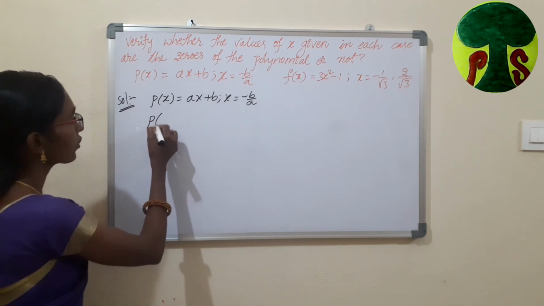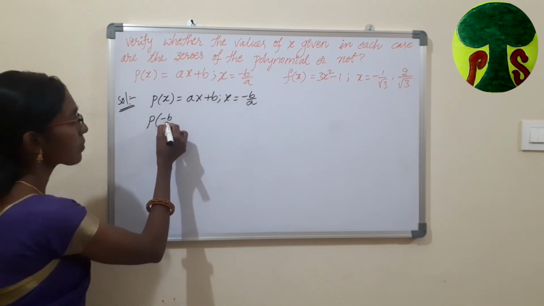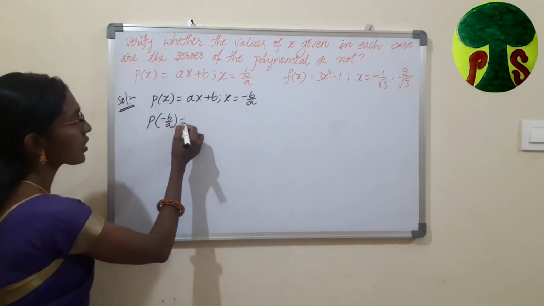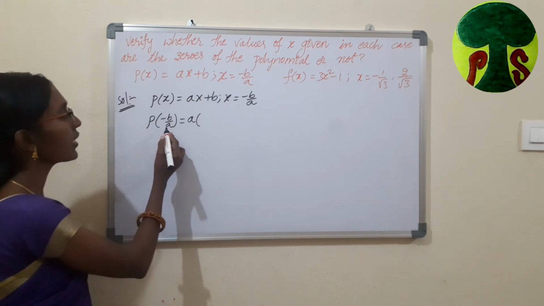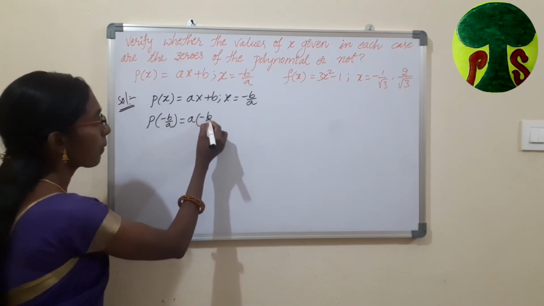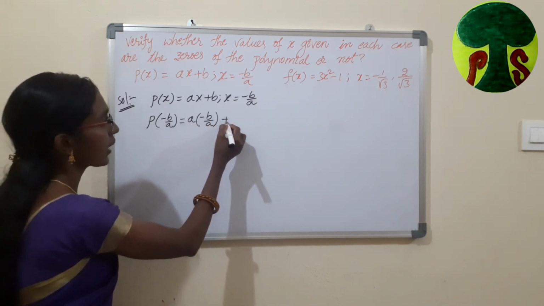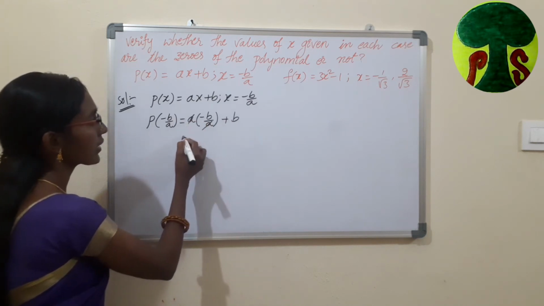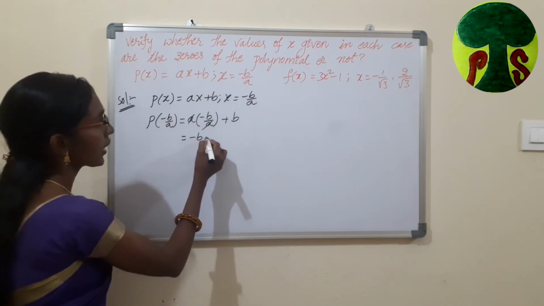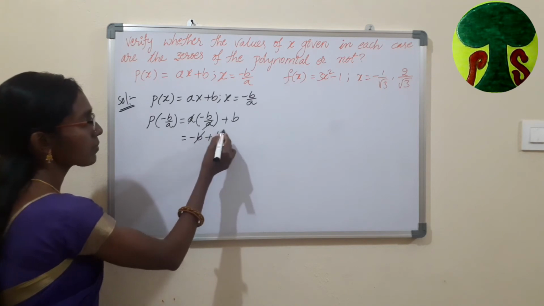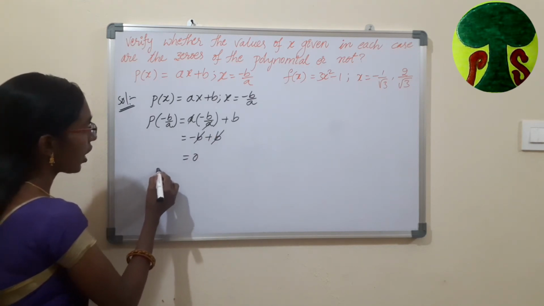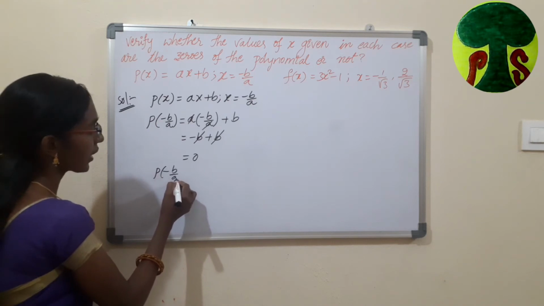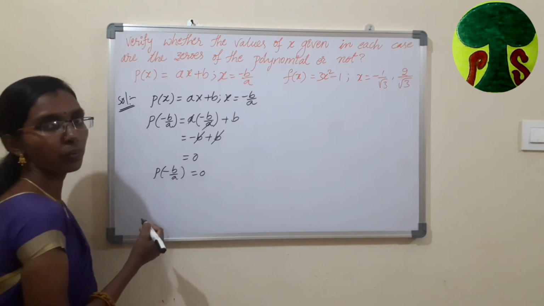For that, we have to find P of minus b by a, which equals a into the x value, that is minus b by a, plus b. The a gets cancelled. Minus b plus b gets cancelled. The value is 0. P of minus b by a is equal to 0.